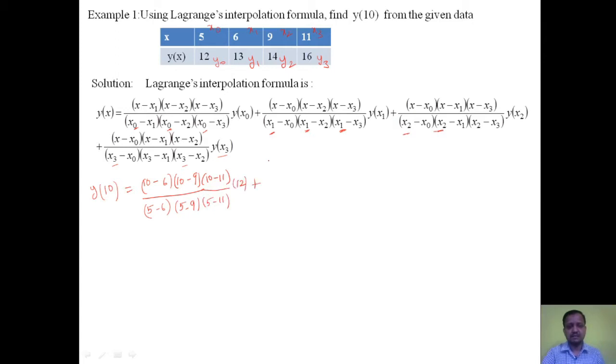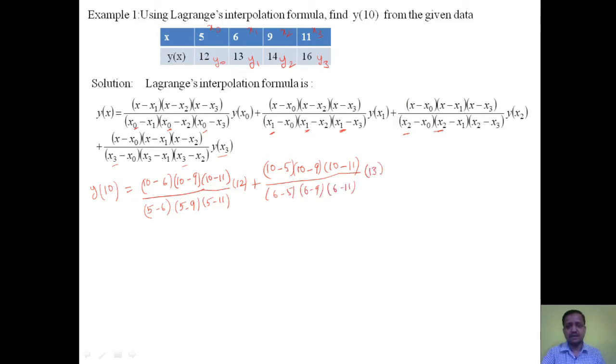Then the next term: x is 10, x0 is 5, x2 is 9, 10 minus x3, 11, divided by x1 is 6, so 6 minus 5, 6 minus 9, 6 minus 11, into y at x1.